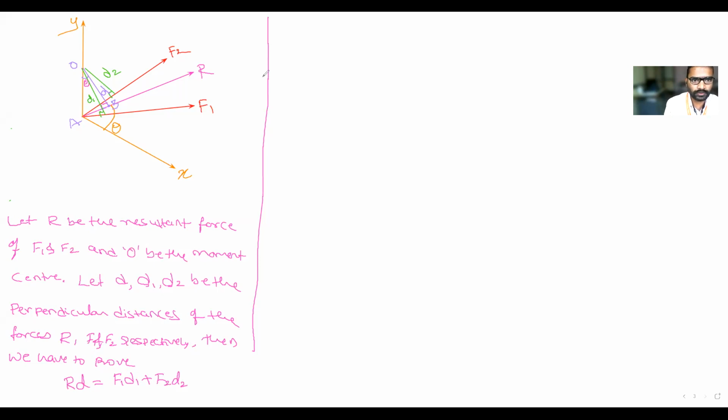Now join OA and consider it as the y-axis.